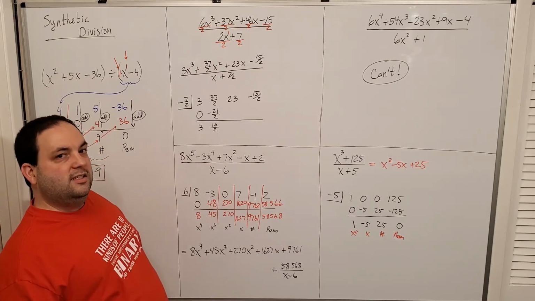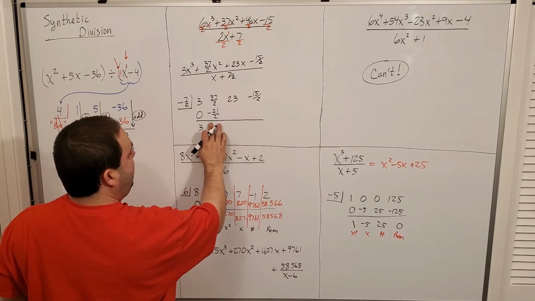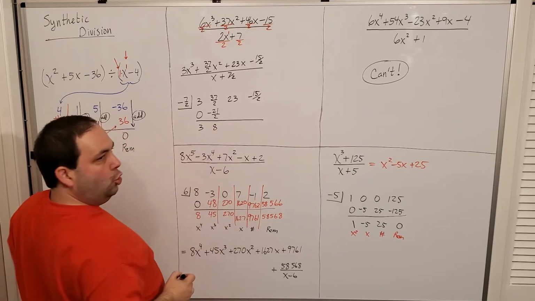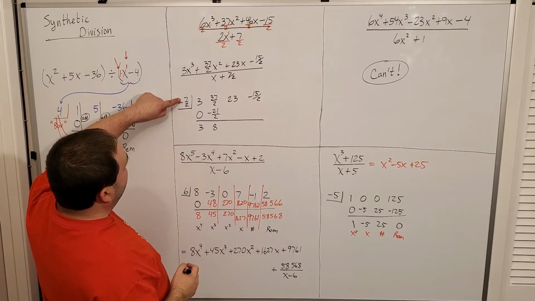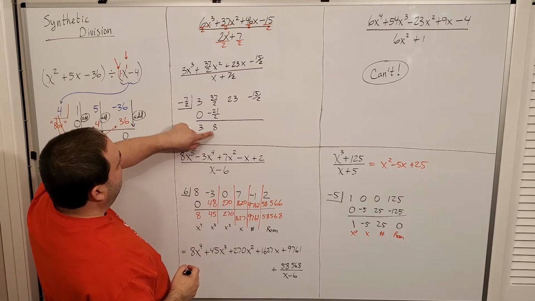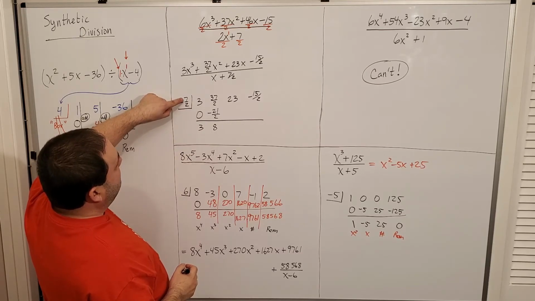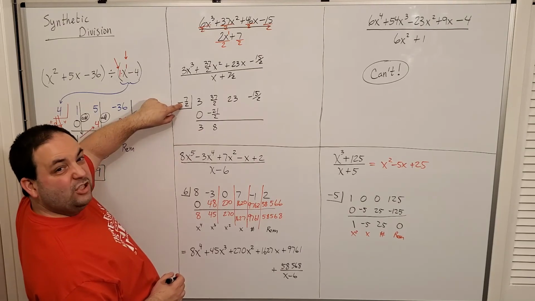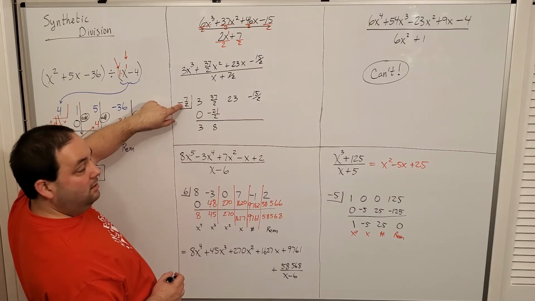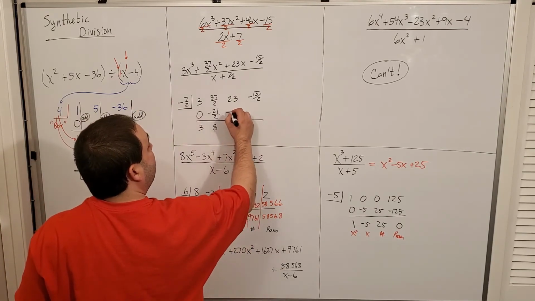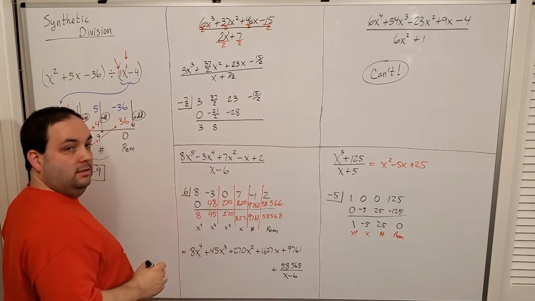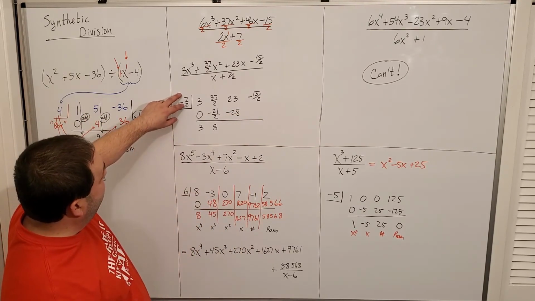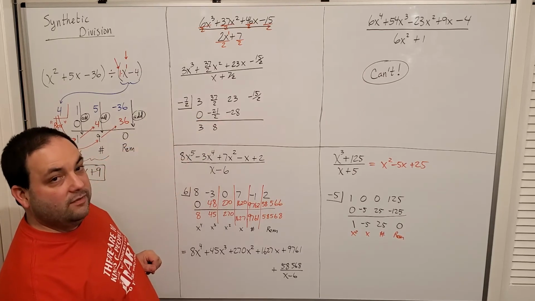Wait a minute. 16 over 2. That's 8. Boom. Negative 7 over 2 times 8 is 7 times 8 is 56, but divided by 2, right? That's going to be negative 28. If you do negative 7 over 2 times 8, you will get negative 28.